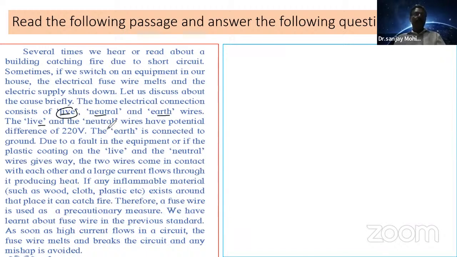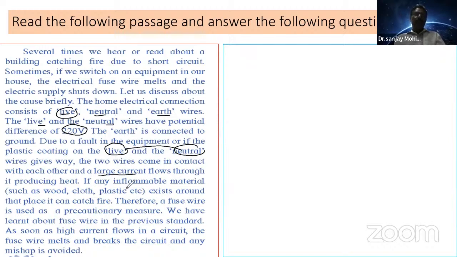Live wire and neutral wire have a potential difference of 220 volt. Due to a fault in equipment, if the plastic coating of the live wire and neutral wire is removed and the wires become naked, and the live wire comes in contact with the neutral wire, then a large amount of current can flow through it.